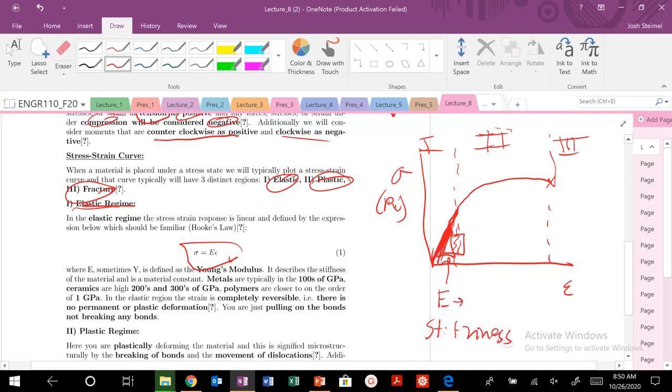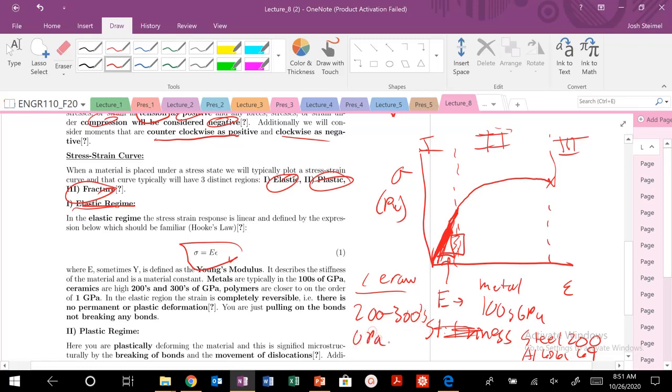Typically, if we're dealing with metals, they'll be on the order of hundreds of gigapascals. Steel can be 200. So steel, 200. Aluminum is 69 gigapascals. So metals. Ceramics, you could be on the order of 200 to 300.